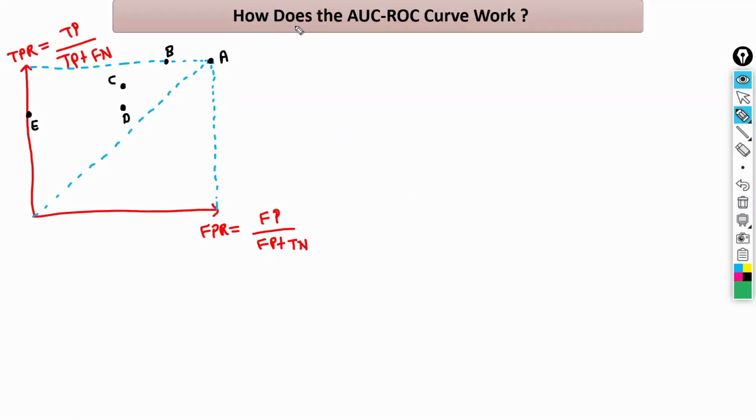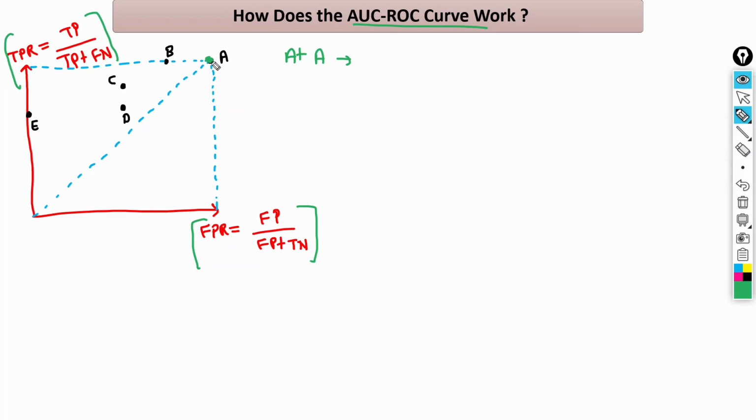Now we will discuss how the AUC ROC curve works. If you see here, the formula of the TPR is this, we know, okay, and FPR is this. So if I check the threshold value at point A, what would be the value of the TPR?